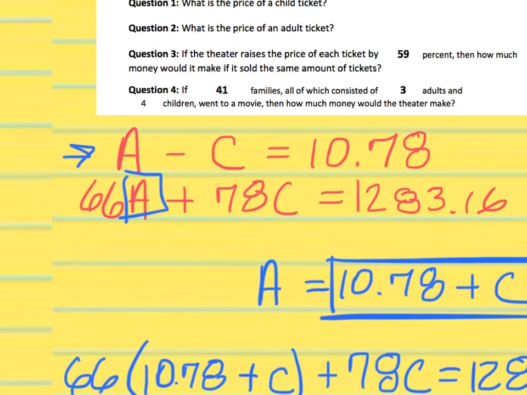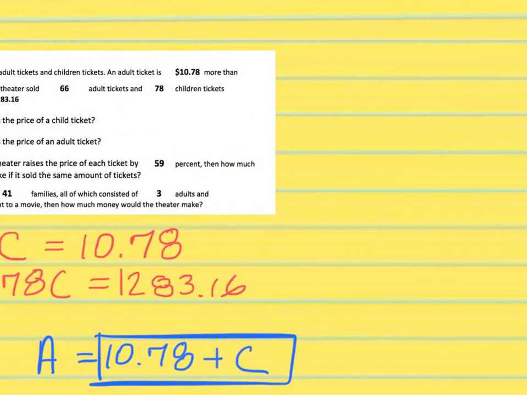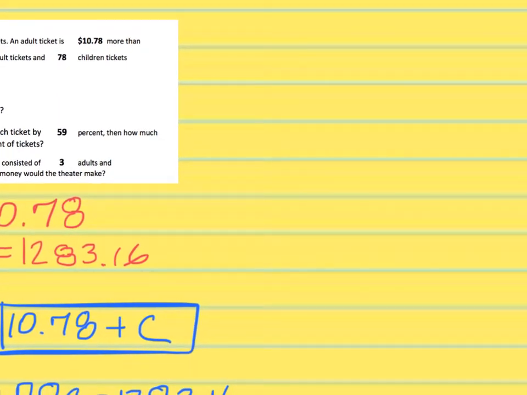But for question number 3, if the theater raises the price of each ticket by 59%, then how much money would it make if it sold the same amount of tickets? So you have to go back to the ticket prices, and for the child ticket, $3.97, and multiply that by 1.59 to raise it by 59%.